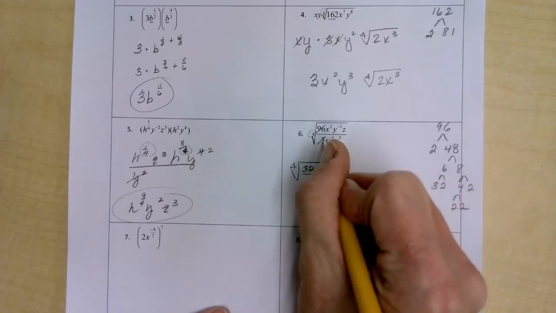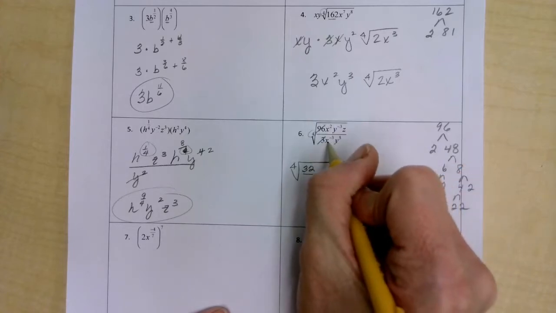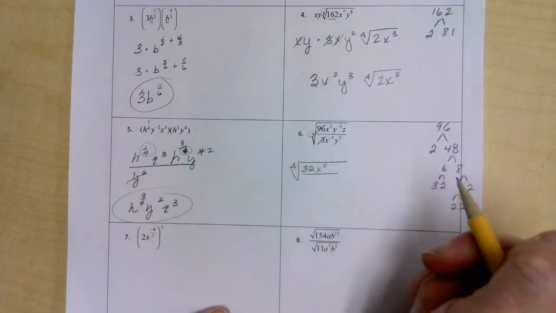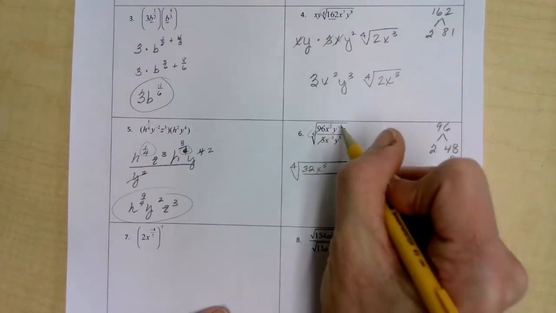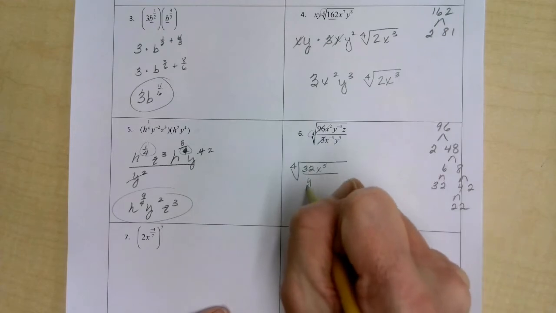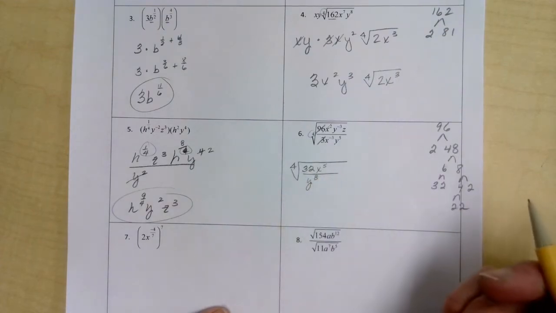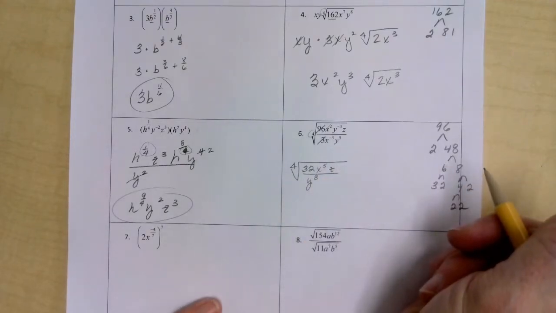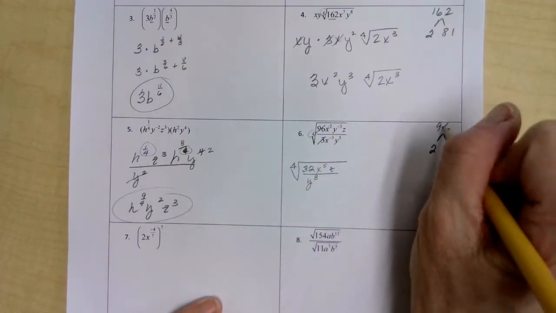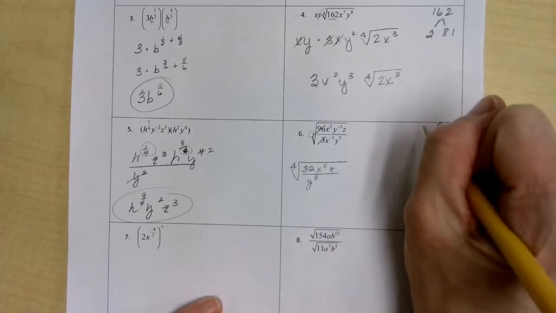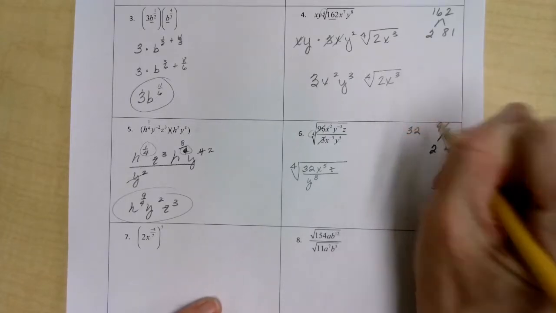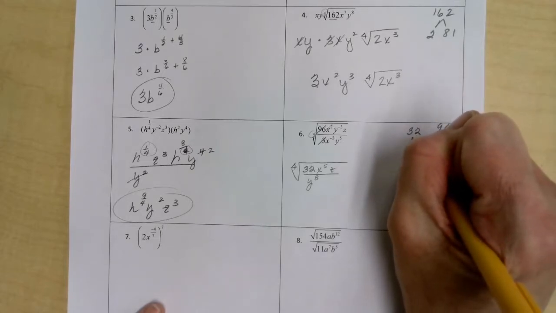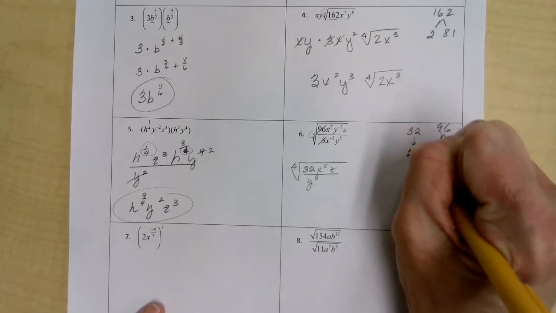Let's see how my fractions work out. These 3 x's come up here and give me 5 x's in the numerator. These 3 y's come down here and give me 8 y's in the denominator and z. So I'm not going to worry about this factor tree so much since I went ahead and changed my mind and I divided. I know that 32 is 2 to the 5th.